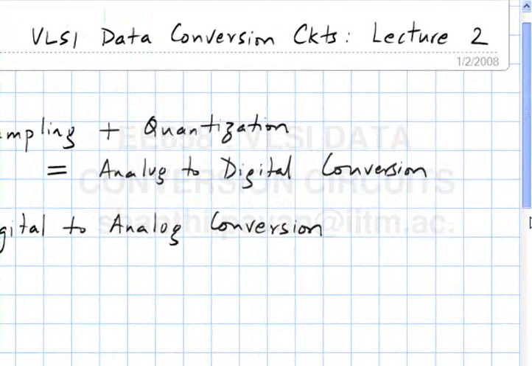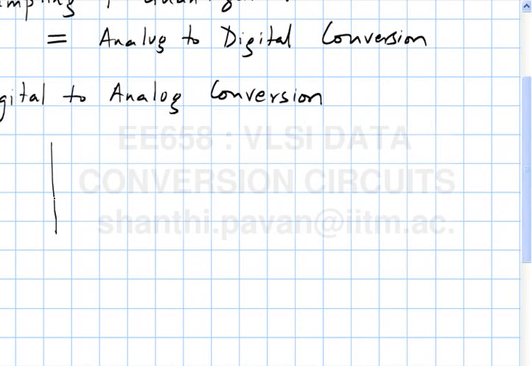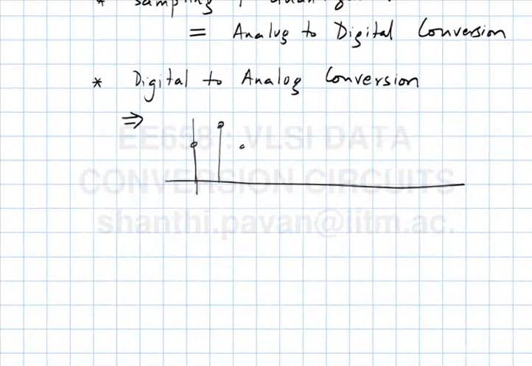So for example, if the discrete time sequence was like this, the x-axis is n. When you have discrete time, the independent variable is just the sequence number n, and the y is the amplitude.